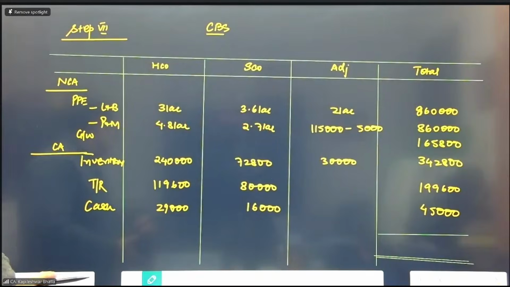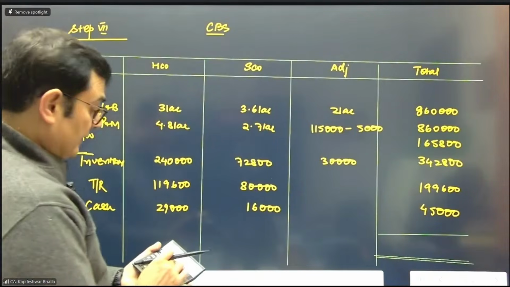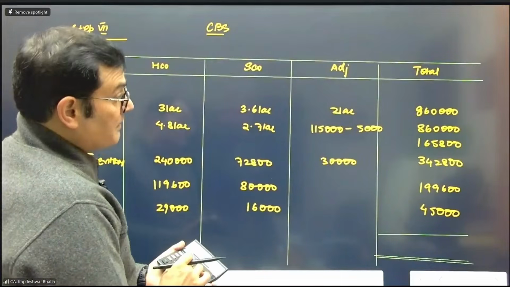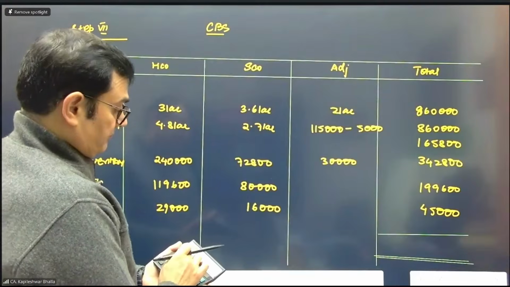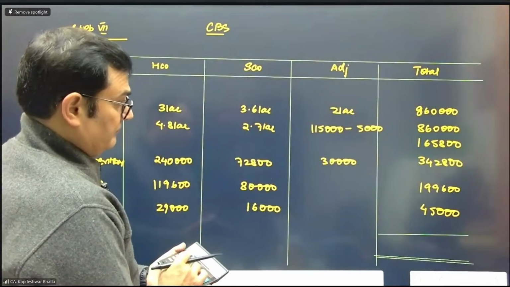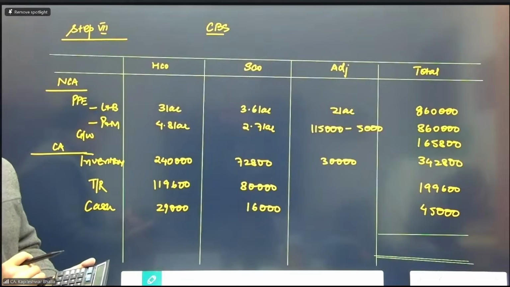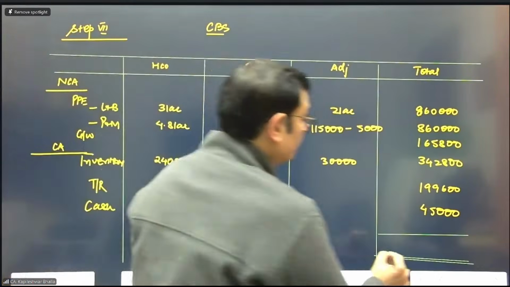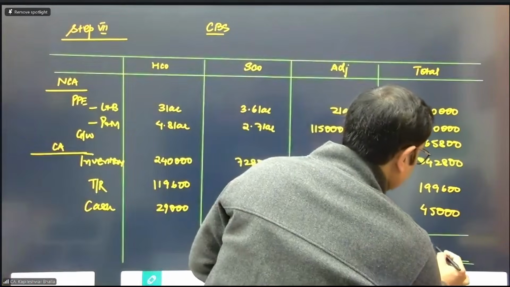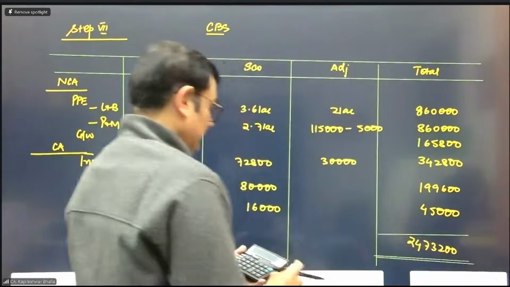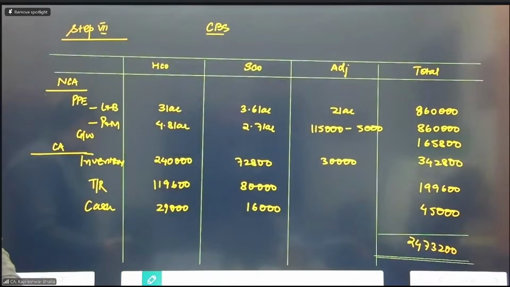So let's see the sum total of the balance sheet now. 24,73,200. 24,73,200 is the total of the balance sheet. Right. So the asset side of the balance sheet is done.